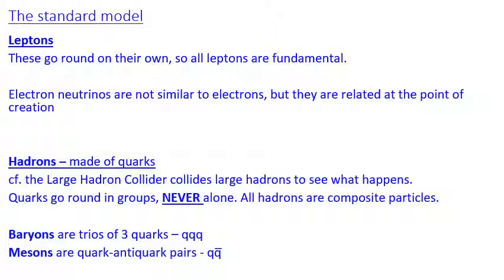The way we show in notation that something is an antiparticle is we put a bar on the top. So the Q here stands for any old quark, and Q with a bar on the top stands for any old antiquark. Mesons are formed by a quark-antiquark pair. So we could have up, anti-down would be a meson.